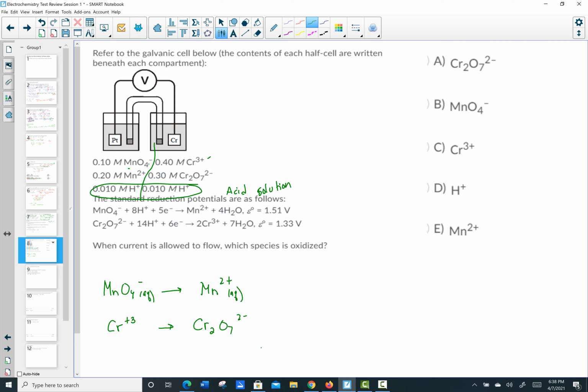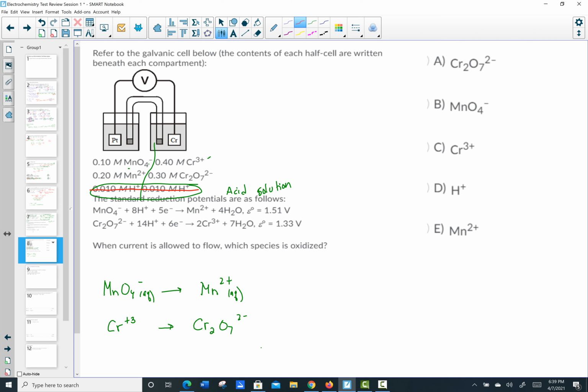So what's being oxidized? What's being reduced? First off, I can toss out the hydrogen ions as a choice because it's there to serve as the acidic solution when I'm balancing an equation. Just like if this had hydroxide ions, I would know it's being used to balance a basic solution. They will not be your choice.